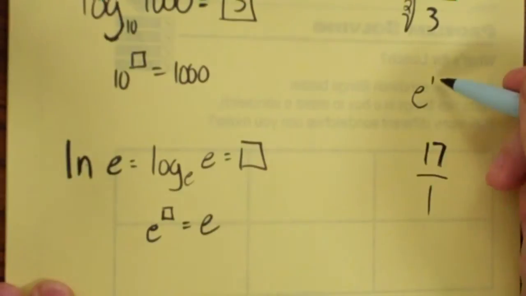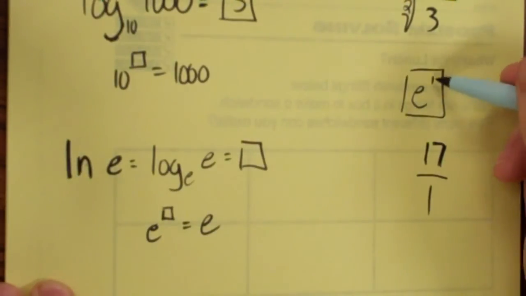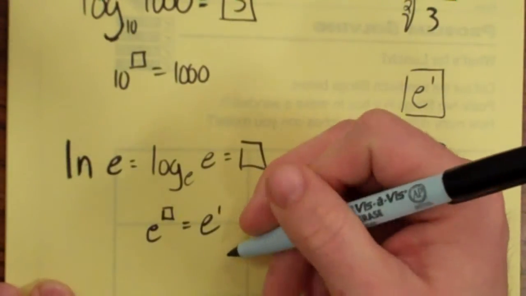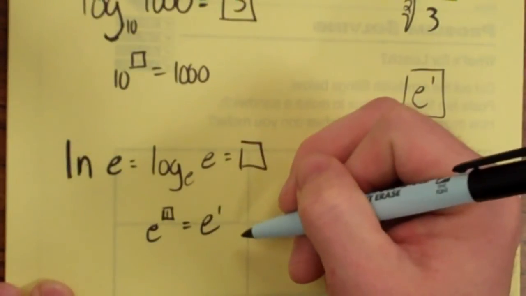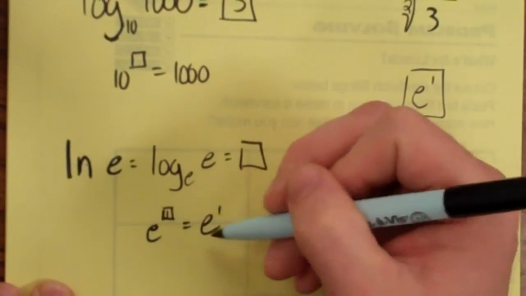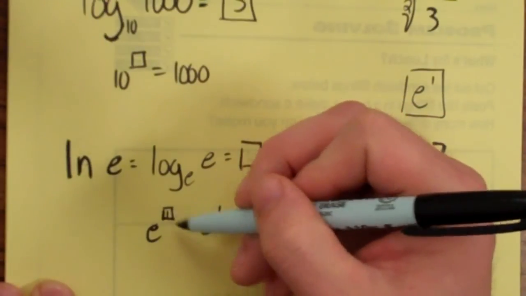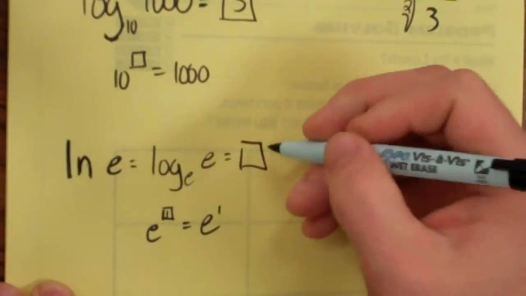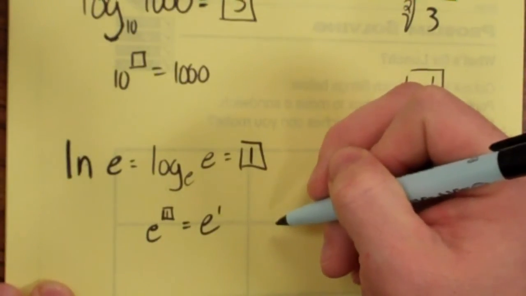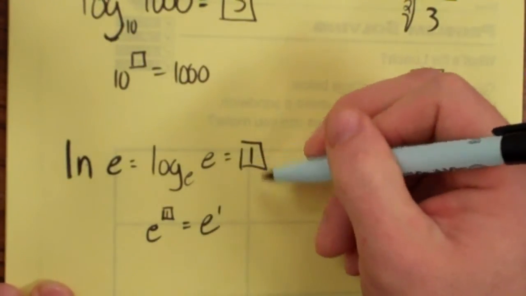Well, just as we talked about over here, I assume that we're raising this to the first power. So what do I raise e to get e to the first? Well, it's only going to make sense to raise it to the first. I can't raise it to the second and get e to the first. I can't raise it to the -5 and get e to the first. It would make sense that these two exponents have to be the exact same thing. So there you go. Log base e of e is 1.